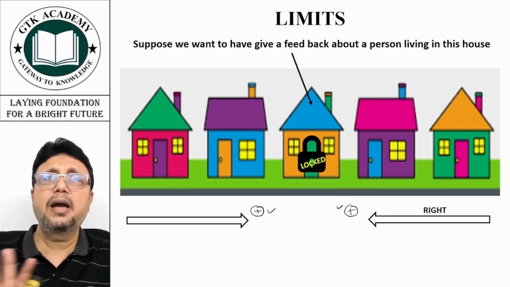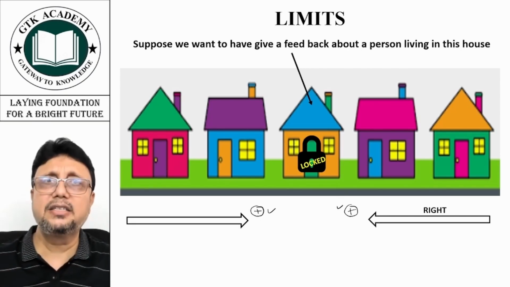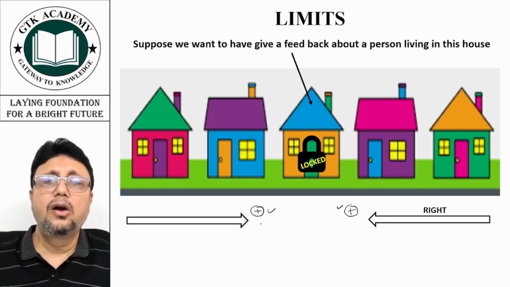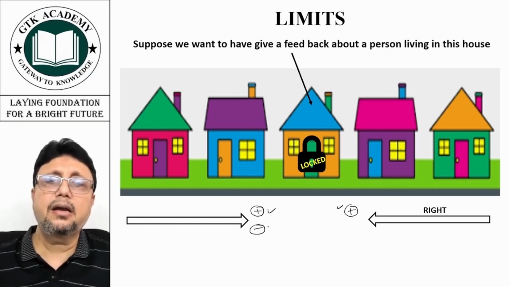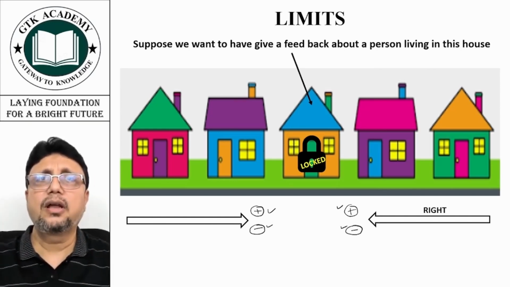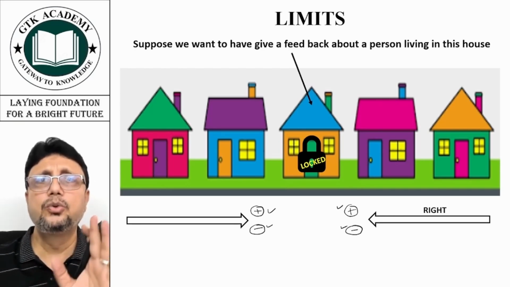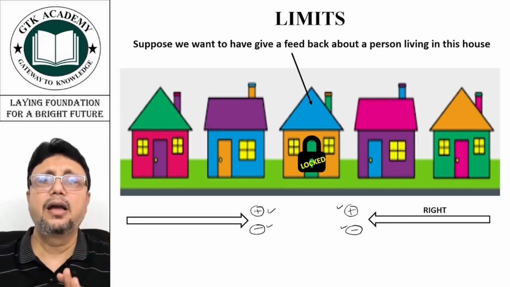If both the feedback matches, so that means there is some feedback exists about the particular person. Or you get a negative feedback on left and you get again a negative on right. Then also in that case, whatever feedback you are getting on the right, the same you are getting on the left. So that means you take that as a feedback.